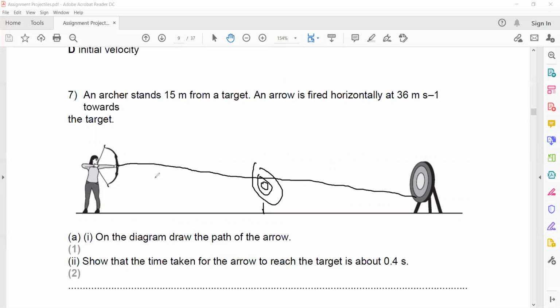The arrow will cover a smaller distance, so it will strike at a greater height above the ground. Is it clear?